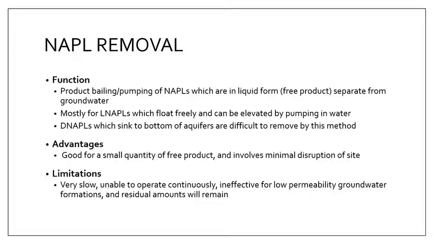Also, it's ineffective for low permeability groundwater formations or for low permeability aquifers, because when you have low permeability formations, you tend to have small soil grains, and small soil grains have a large surface area for sorption, meaning you can expect a lot of your contaminants to stick to the soil grains.